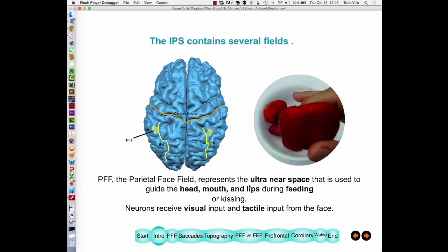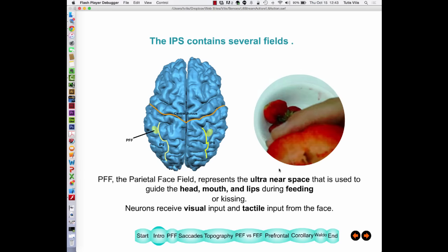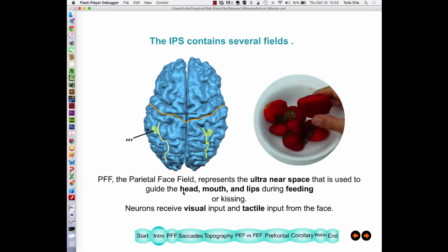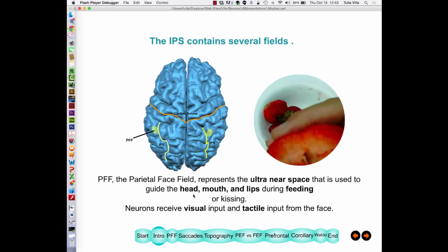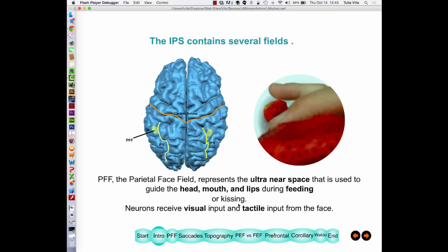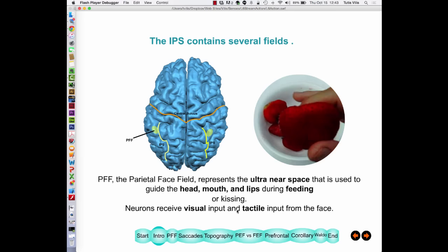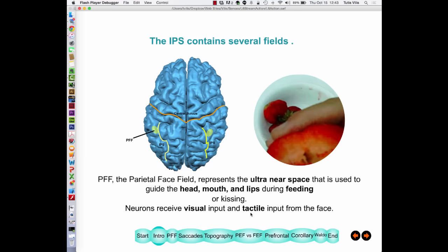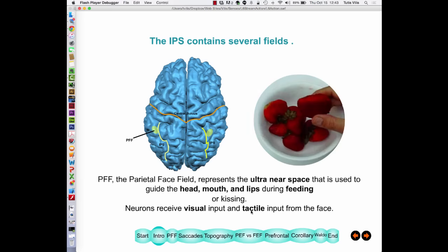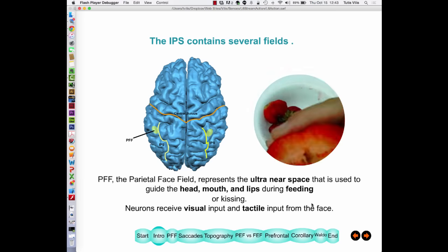It represents space that's very near you, and it's used to guide your head, turning your head, your mouth, your lips during feeding, or other acts like kissing. It has visual input and tactile input, from touch sensors on the face.